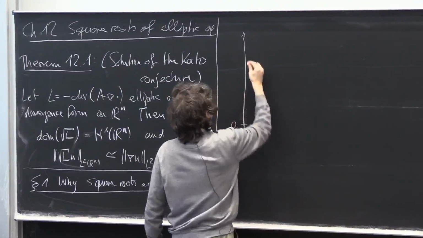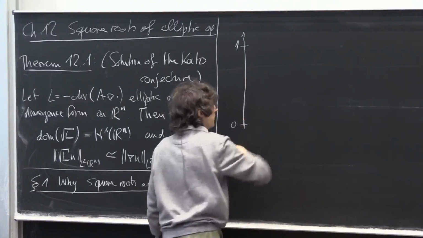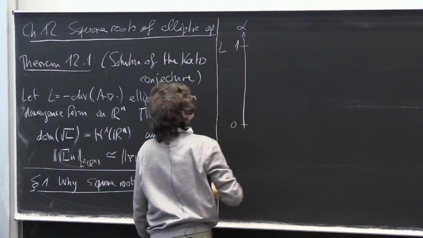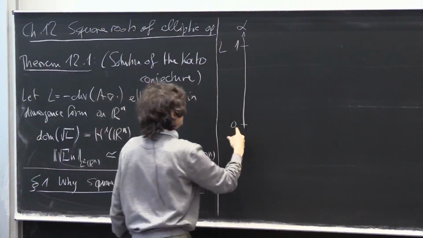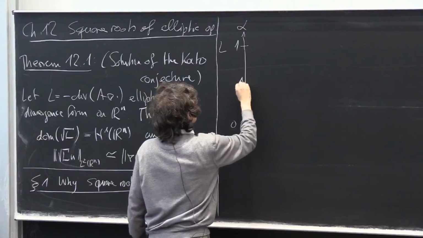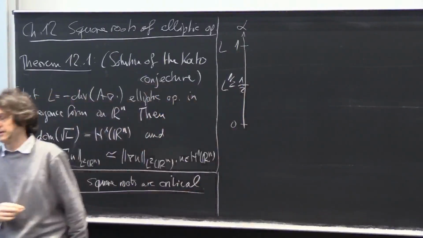So let's look at the fractional powers of L, so L to the alpha. Here is alpha. Alpha being 1 corresponds to the operator L. Alpha being 0, L to the 0, is somehow the identity. Here is the square root, and here are the fractional powers.